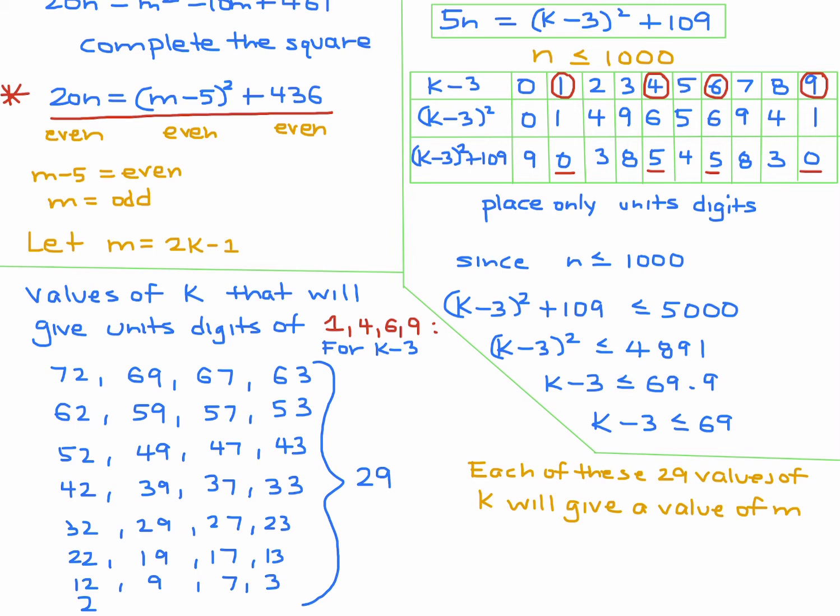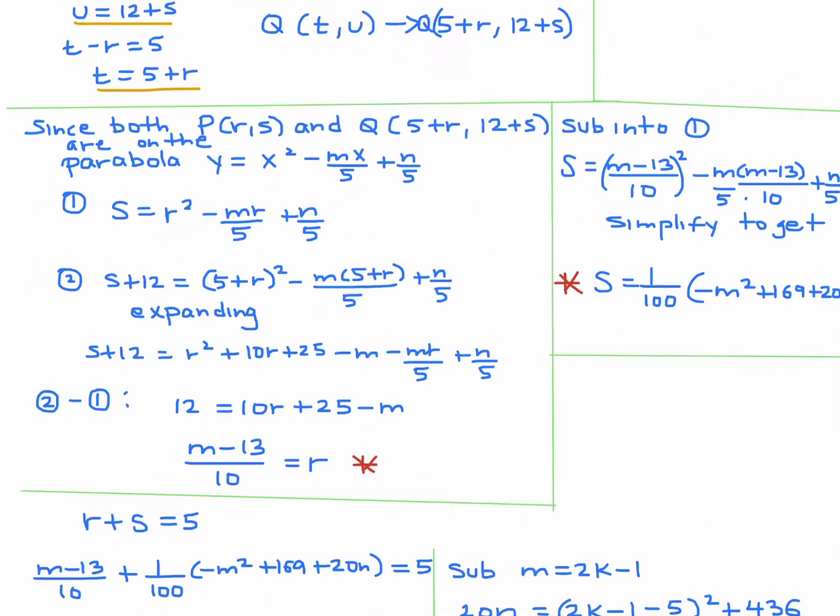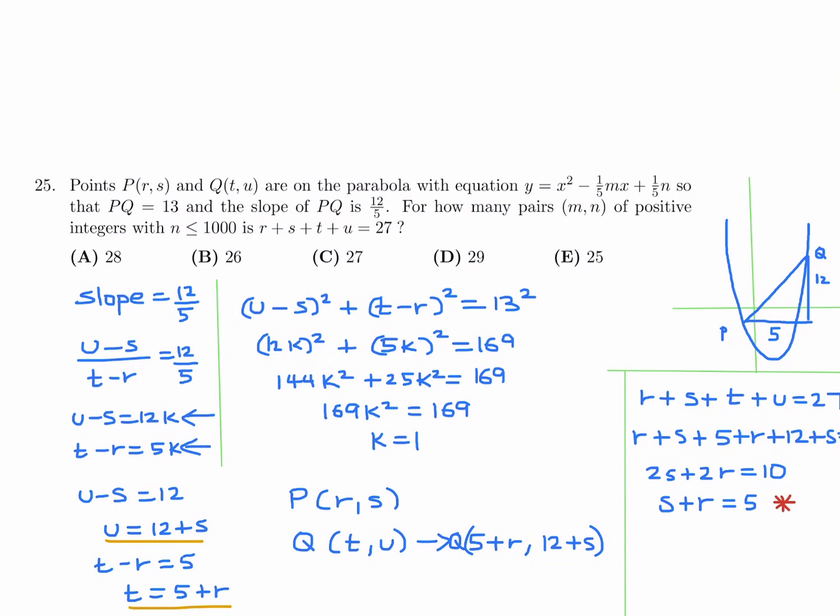So each of these 29 values of k will give a value of m and a value of n. Therefore, that would give me 29 pairs of the form (m, n). And that is the answer to the question, 29. So that would mean that for number 25, the answer is D.